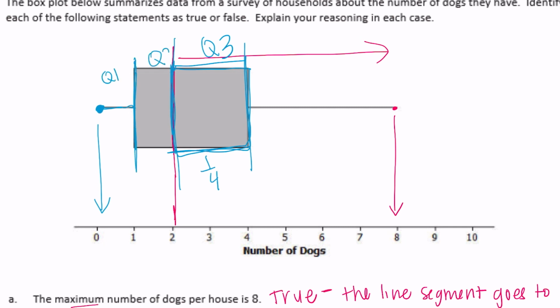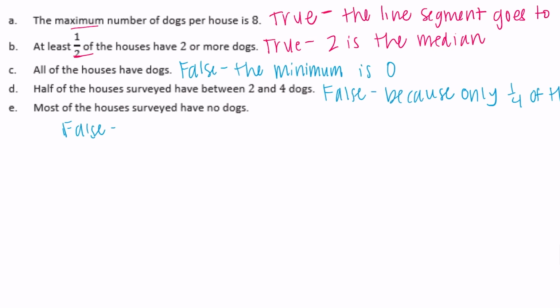So quartile 2, 3, and 4, all of these quartiles are houses with dogs. So at least 3/4 of the houses have dogs, one or more.